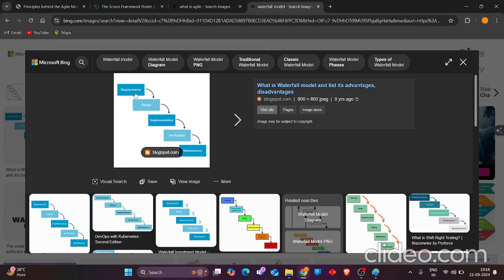That's why if the client asks for three features, and the product team comes to testing and the client tells them to add a fourth feature, that is not possible in the waterfall model, because the software is like a house of cards.